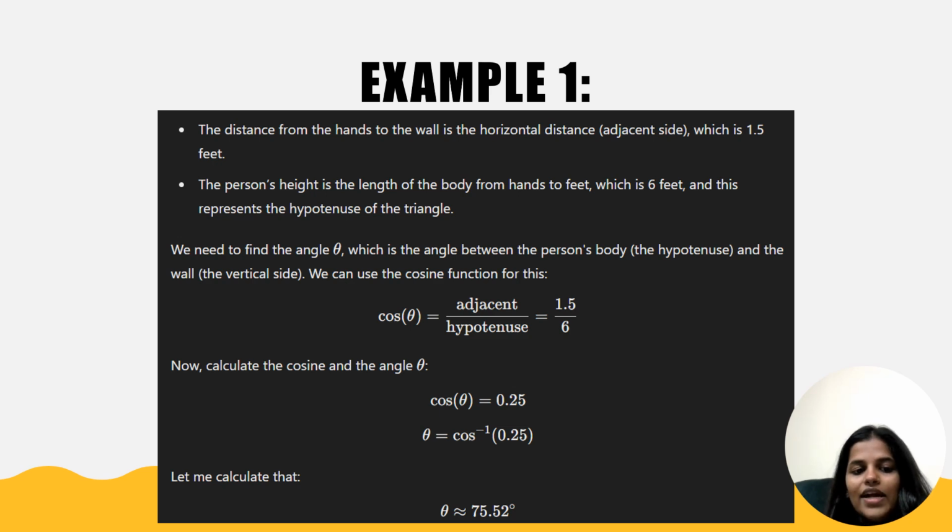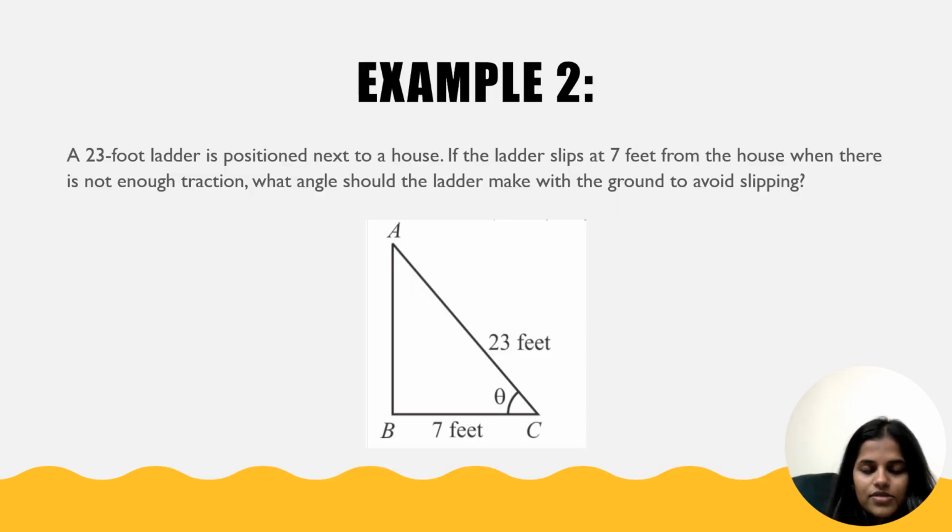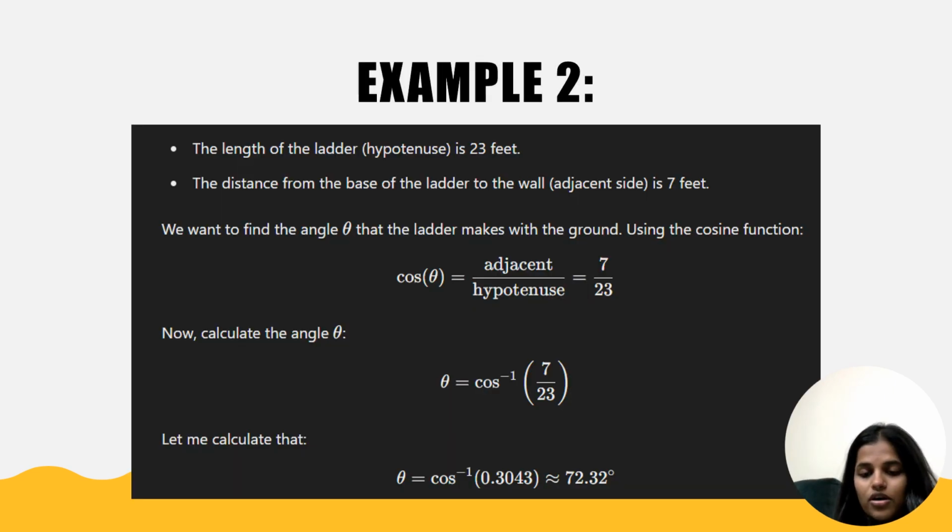Let's take a ladder problem that is pretty similar to what we have seen. A 23-foot ladder is positioned next to a house. If the ladder slips at 7 feet from the house when there is not enough traction, what angle should the ladder make with the ground to avoid slipping? If you figure out what 23 feet and 7 feet are and which theta you have to find, you can easily predict which definition you're going to use.